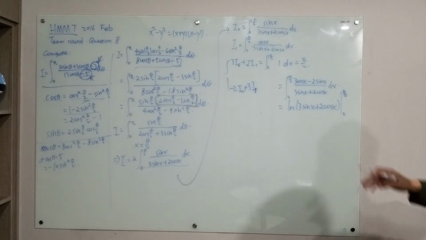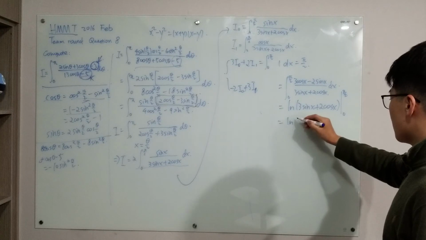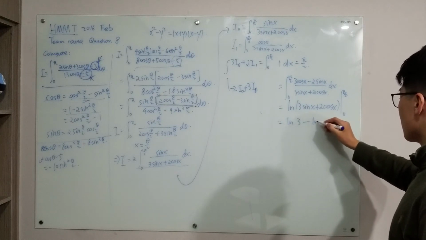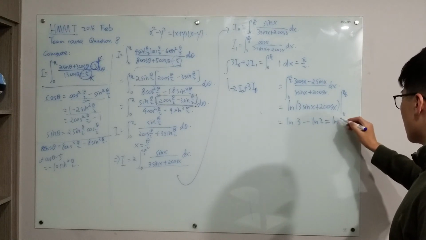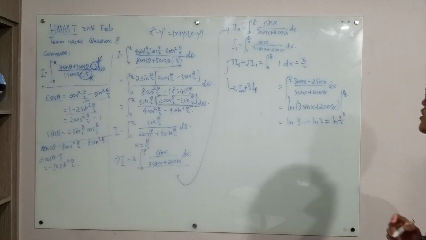That is ln 3 minus ln 2, which is ln 3 over 2.